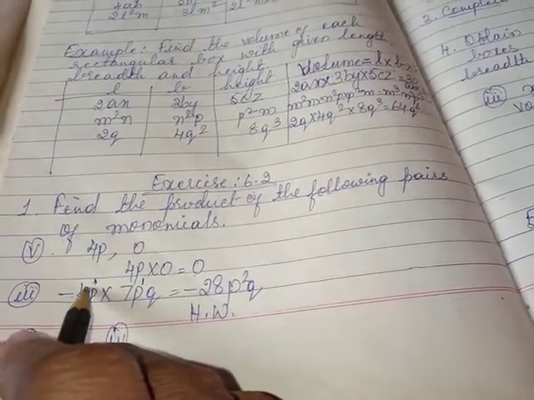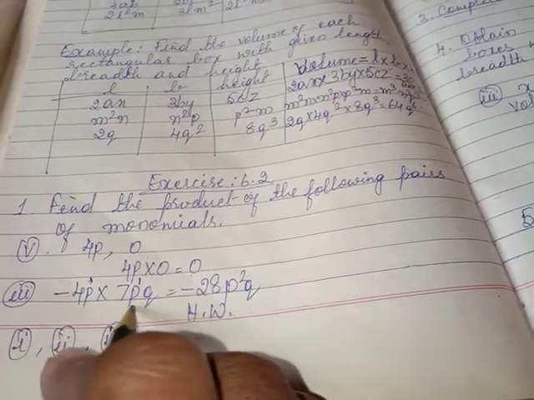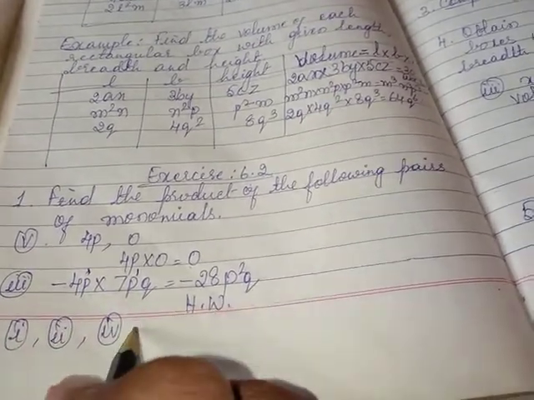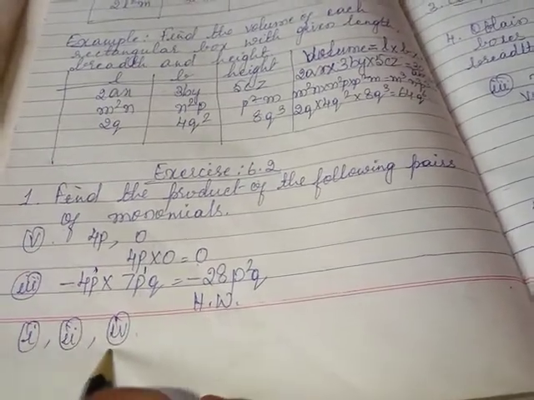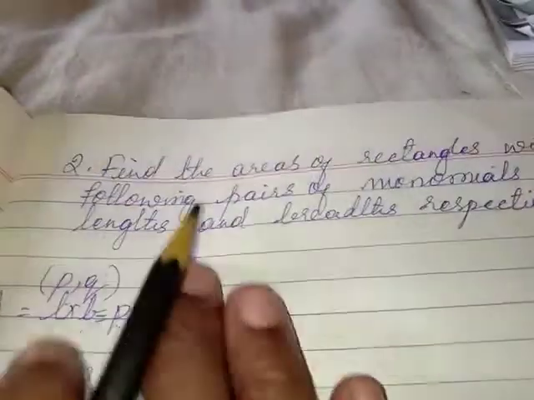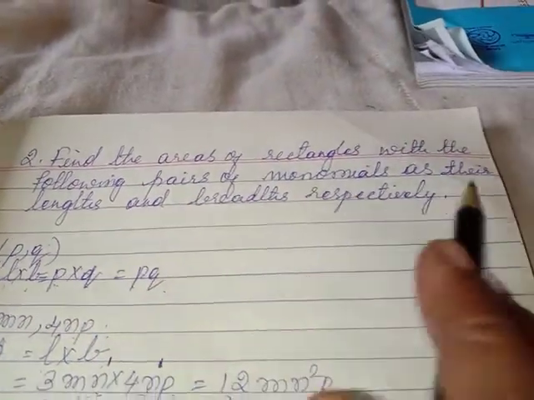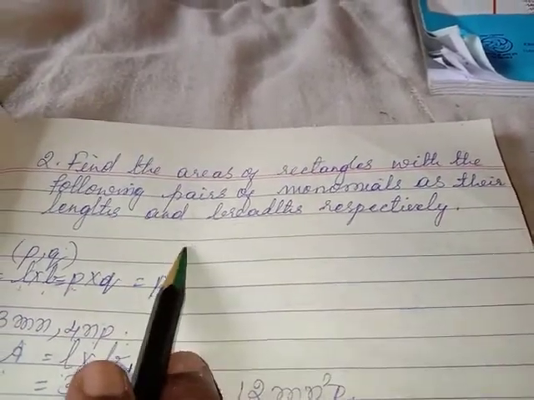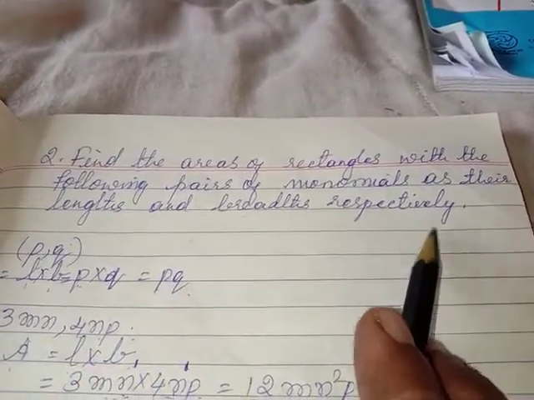Powers you have to add when you have the same variable. Then q as it is. Okay. Homework 1 to 4. Okay. Now next is second main, find the areas of rectangles with the following pairs of monomials as their lengths, breadths given respectively.